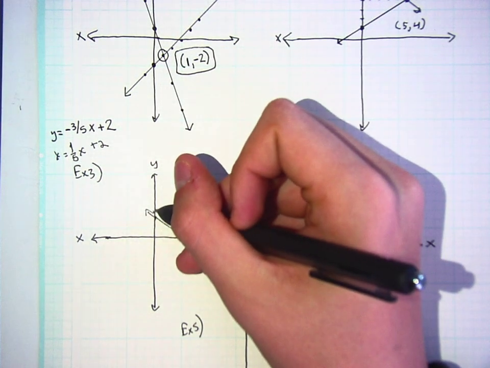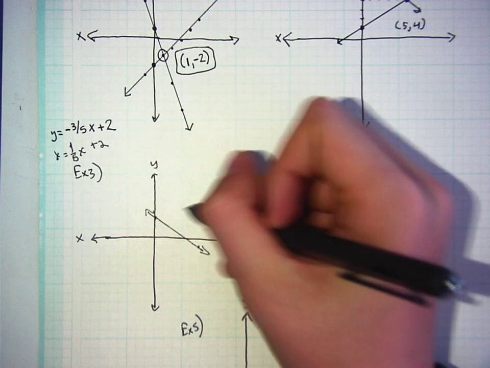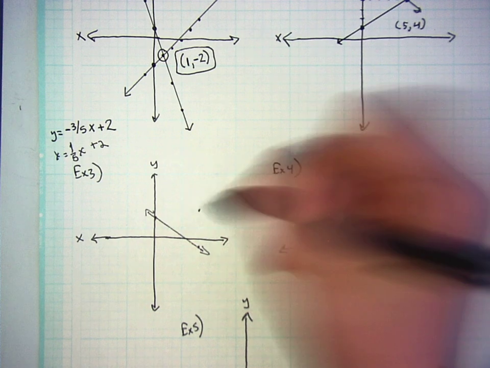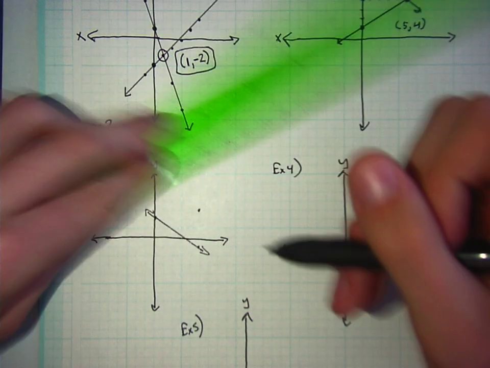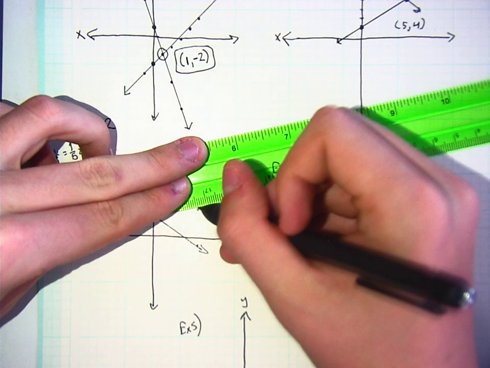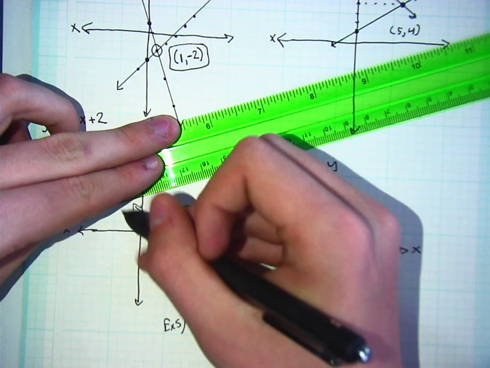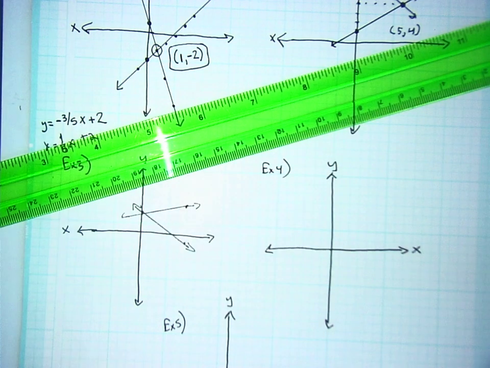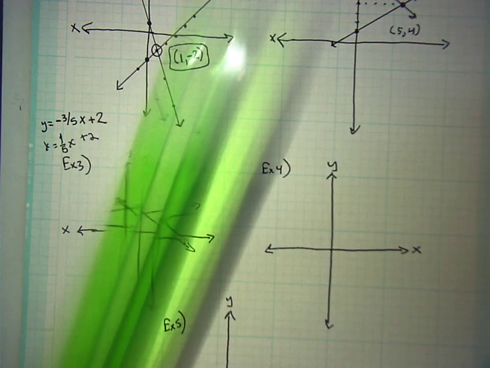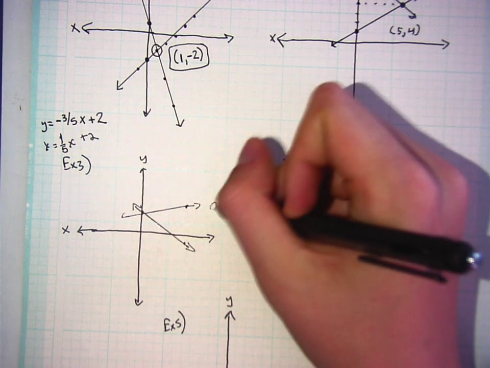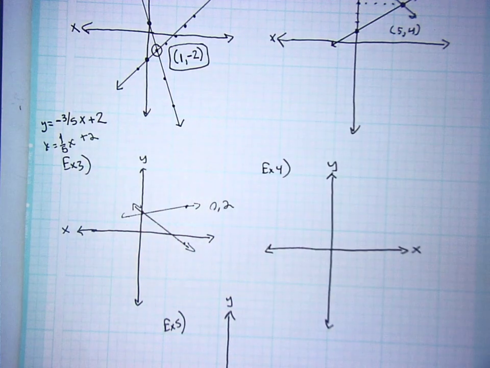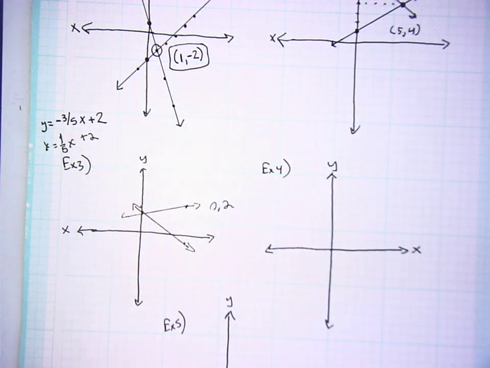And you want to go up 1 and over 5. Draw a line. And your point is 0, 2. Perfect. Awesome.